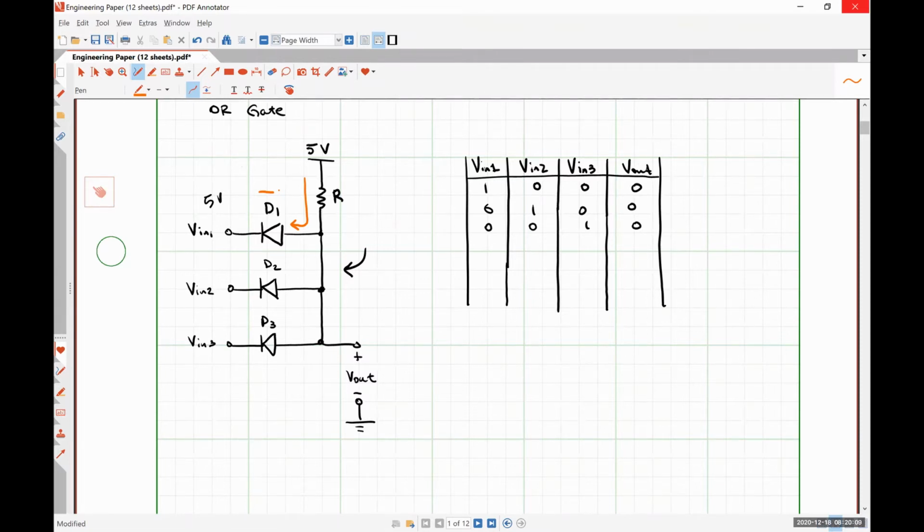If all the inputs are high, then no current flows through. So if all the inputs are high, then they're all reverse biased. Yeah, you're right. Okay. Let's erase these.